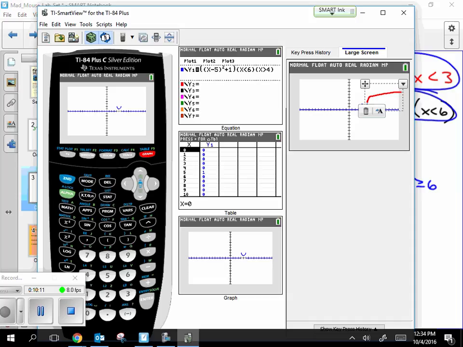This is important. Cut it off where x is, let me think, 11. No, 9. Cut it off where x is 9. So in other words, make it stay less than or equal to 9.